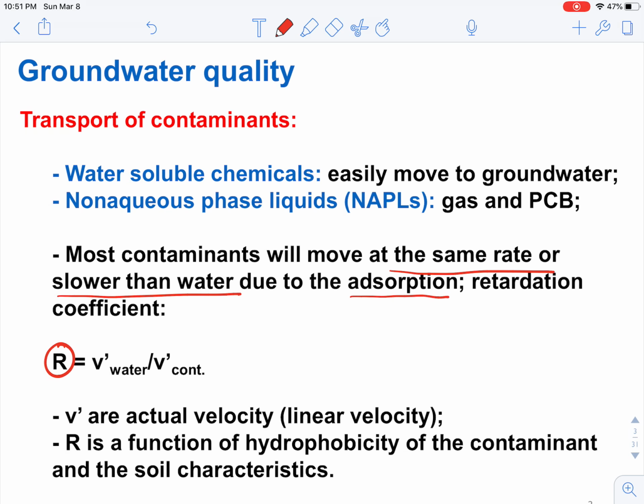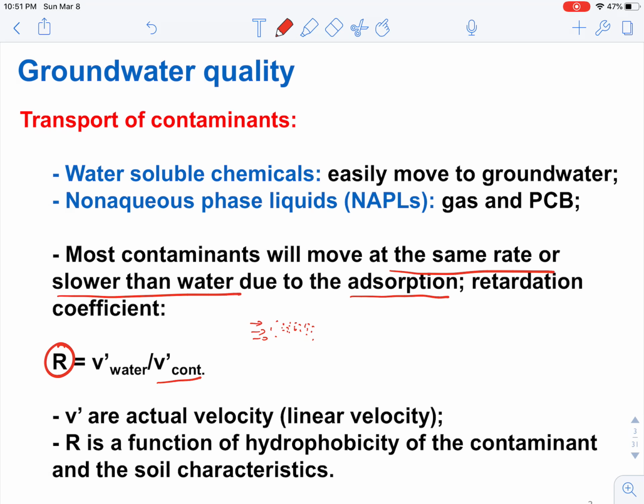If we think about the soil components, they're composed of many tiny solids or soil particles, and these contaminants would get absorbed at the surface of these particles. Because of that, the moving velocity or the linear velocity of these contaminants will become lower. So that's why we define this retardation coefficient.